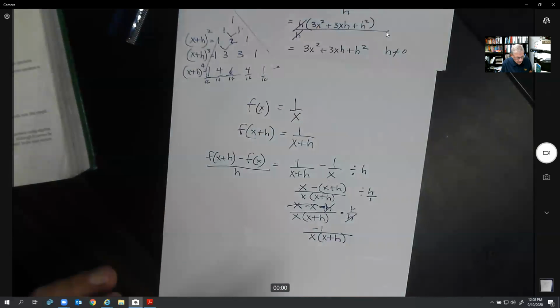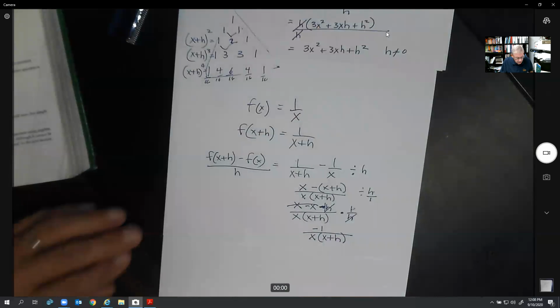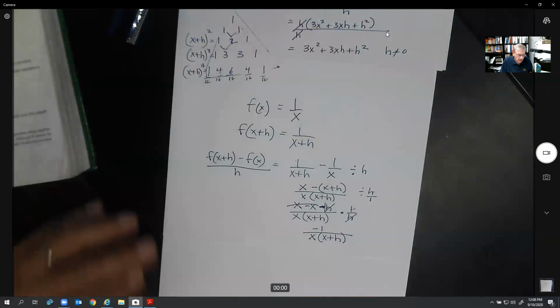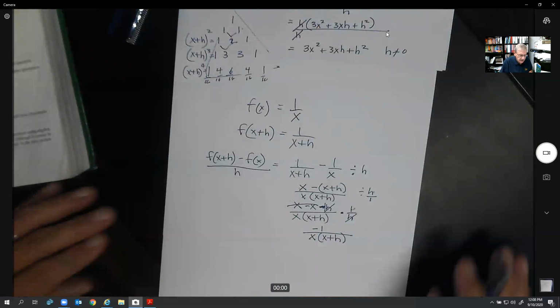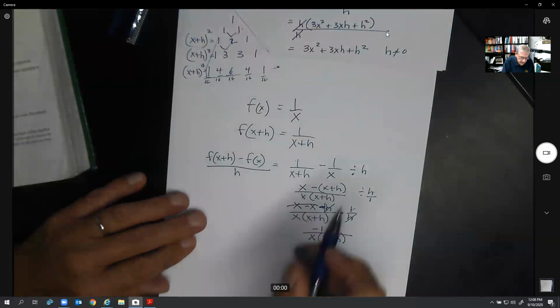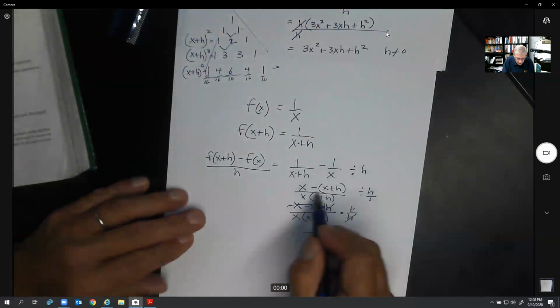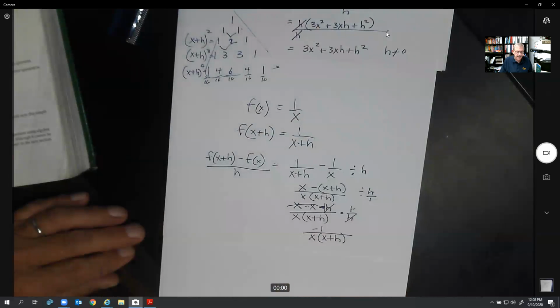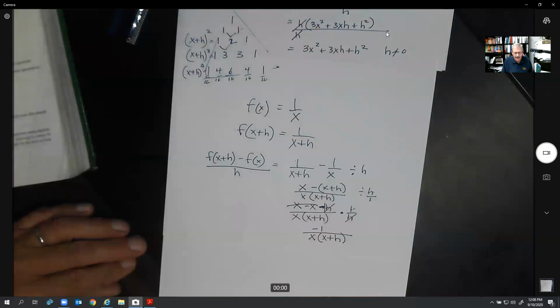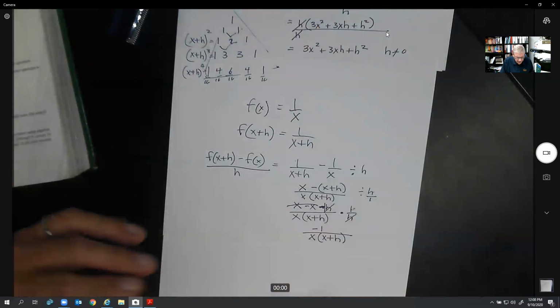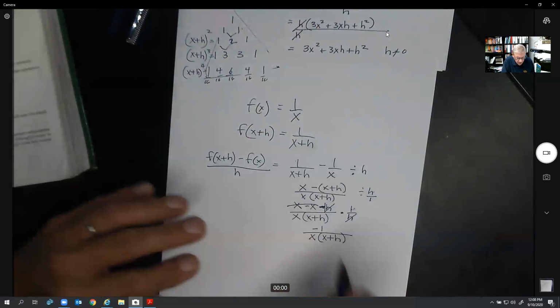So what you're going to find out in calculus is you're going to learn algebra. You're going to learn a lot of algebra. You might not learn too much calculus, but you're going to learn algebra. Because the problems involve so much algebra that you probably forgot or were not so great at. You thought you were good.